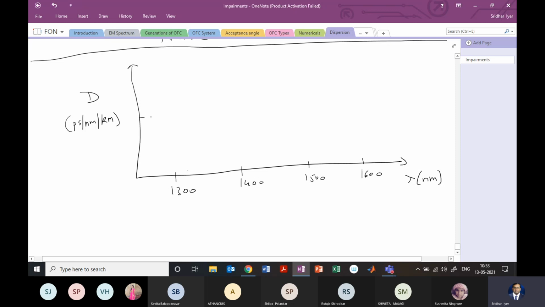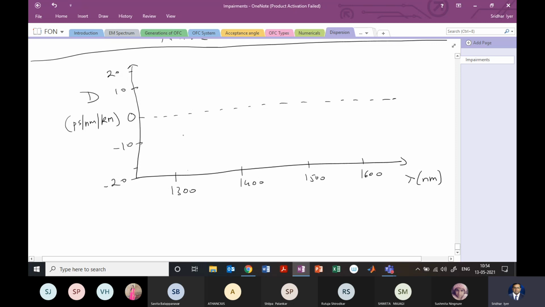Let this be the zero dispersion, so I'll have a dotted line there. Let this be -10, let this be -20 here. Let this be +10, and let this be +20, right?